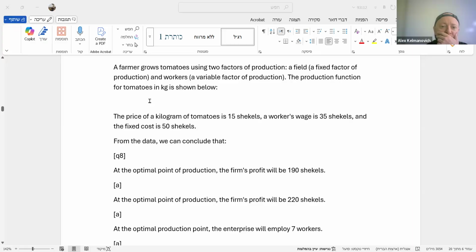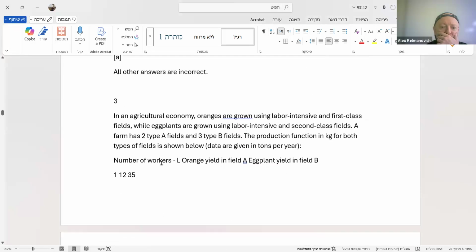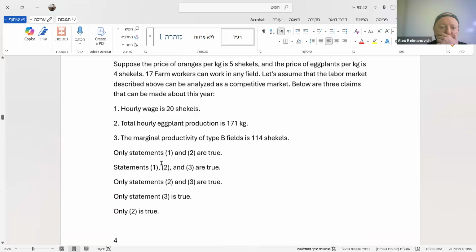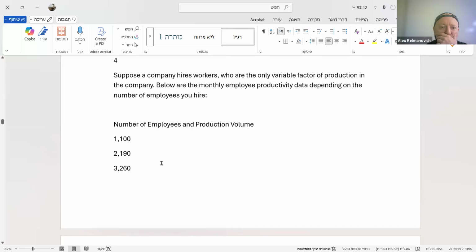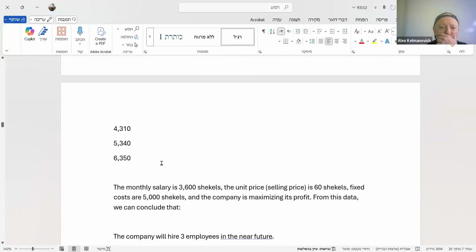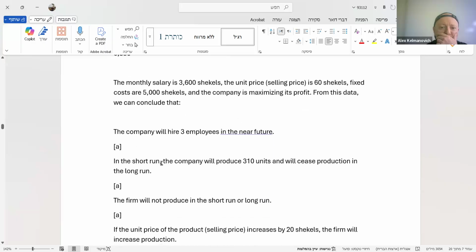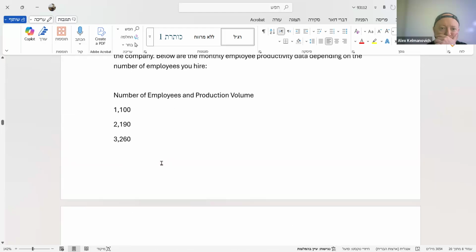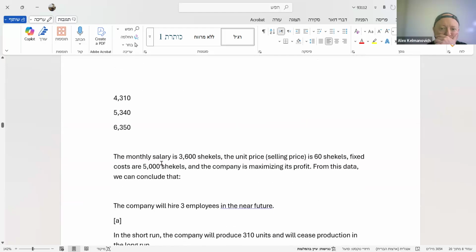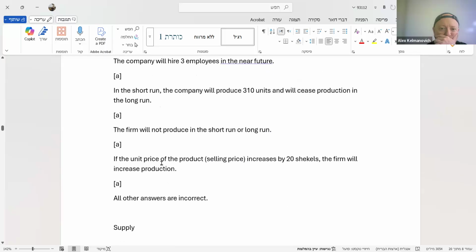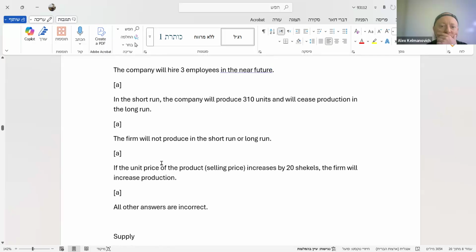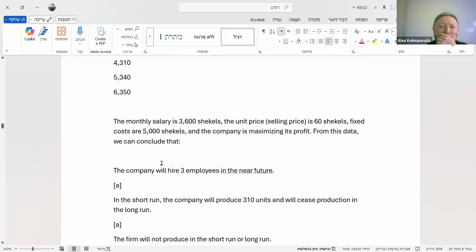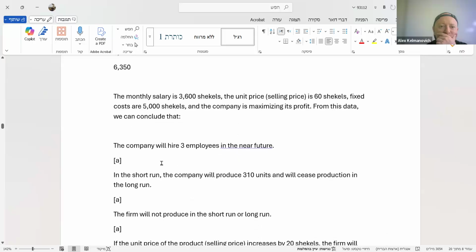Oh, I see here there is no table. Okay, so I put the table here. Okay, you can do it. It's the same question, but you have the answers here.